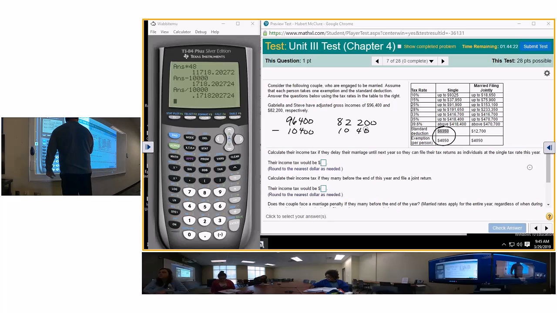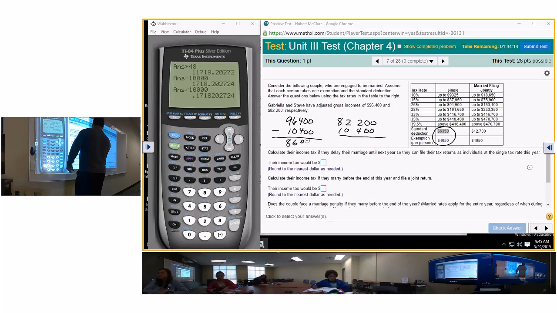And that's going to give us 86,000, right? 86,000 and 800. And 81 minus 10 is 71. Somebody check my math.